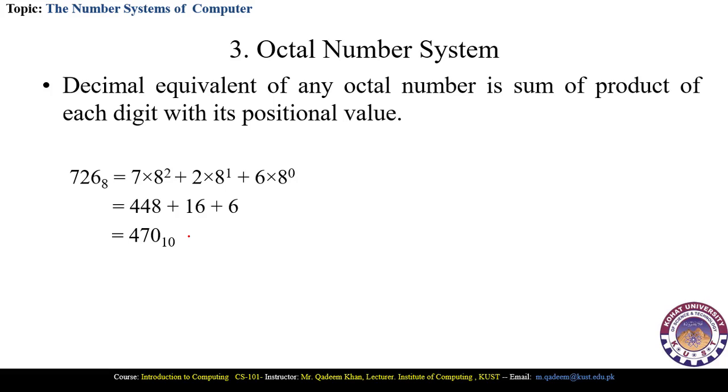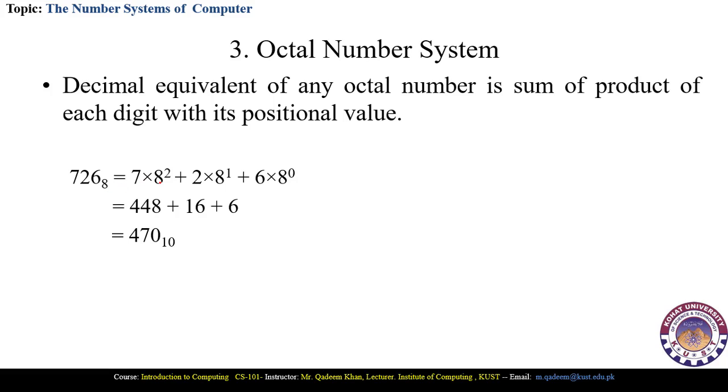So an octal number is the sum of the products of each digit with its positional value. For example, there is 7 2 6, three digits in the octal number system. When we want to convert this octal number to the decimal number system, we will find the position of each digit. 7 2 6 represents three different digits, and its base is 8, so that's why it is an octal number.